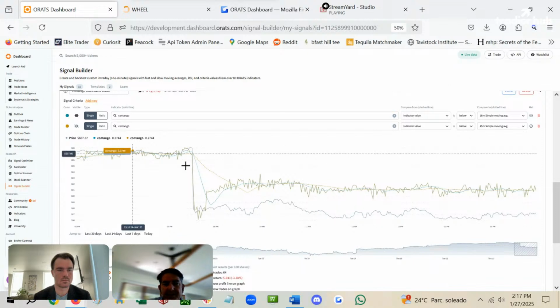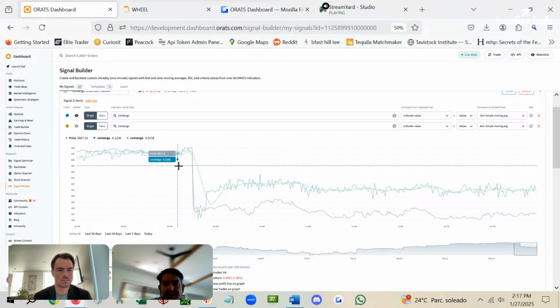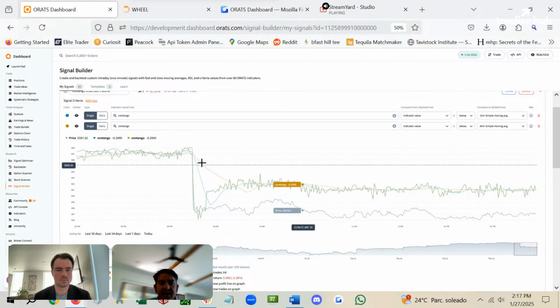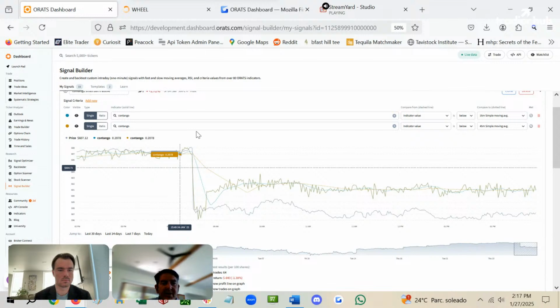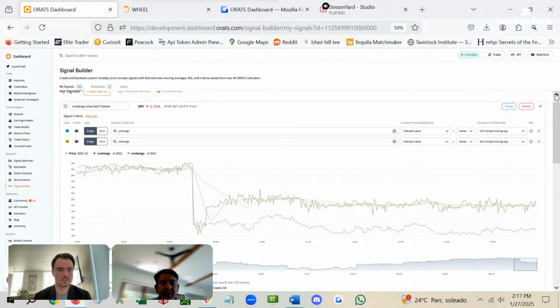So what we want to see, I did not want to do that actually, because I have a 15-minute simple moving average and a 45-minute simple moving average. So when the blue is above, it's bullish, and that's what I'm saying there.